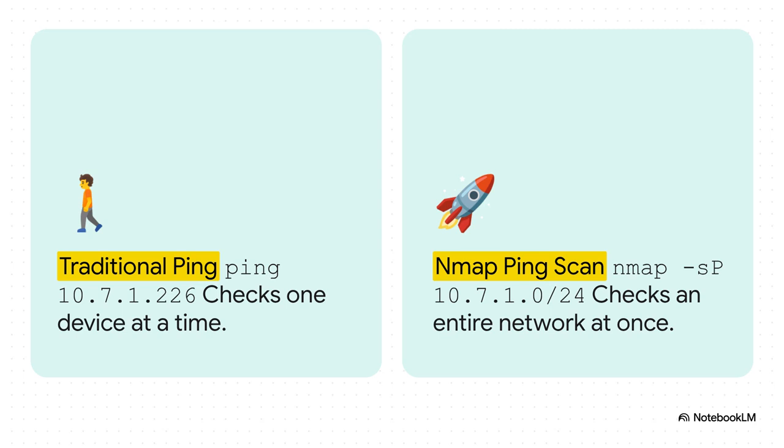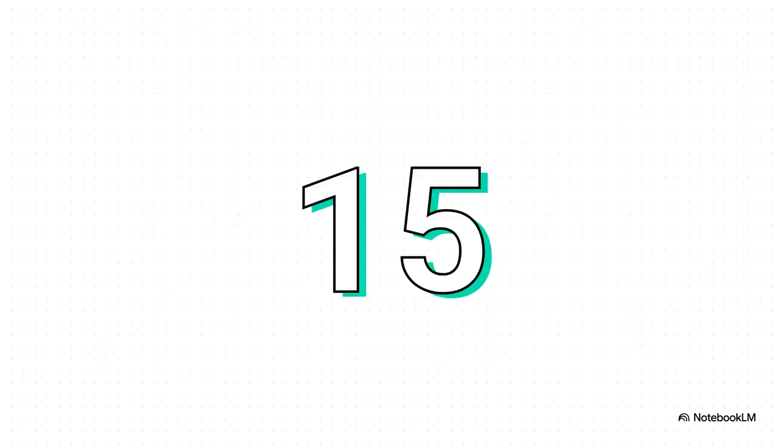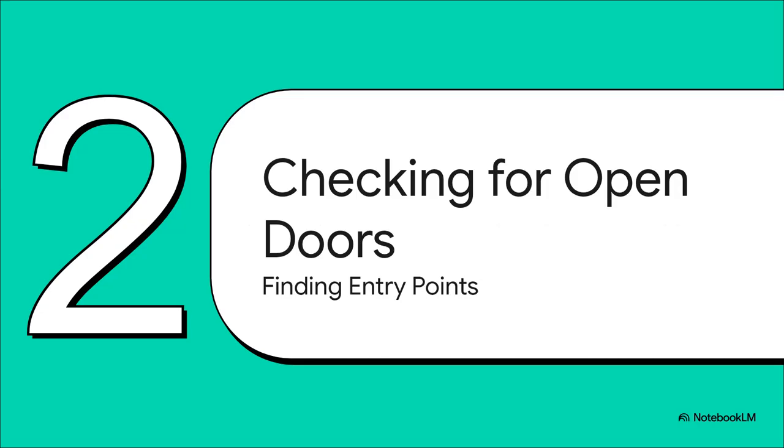You type in one simple command, a ping scan, and it checks that entire range all at once. And the results? Boom. In this example, Nmap found 15 live devices in less than 3 seconds. That's the difference between knocking on every door individually versus having an instant guest list delivered to you. It's just so efficient.